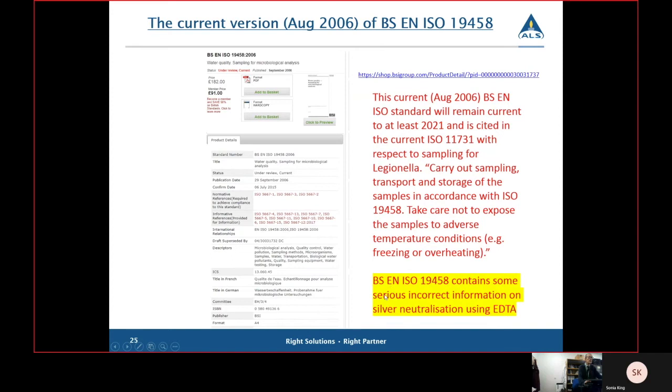And it contains some serious incorrect information on silver neutralization using EDTA, which I'll come on to later. Basically, EDTA does not react very well with silver. It much prefers calcium to silver, and you've got a lot more calcium in your water than you have silver.